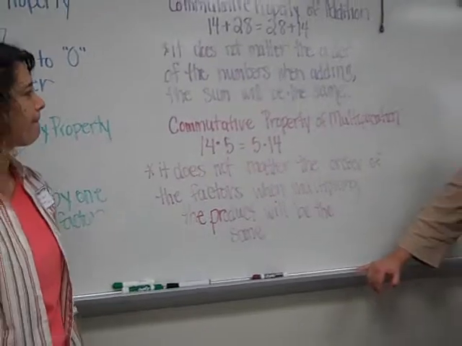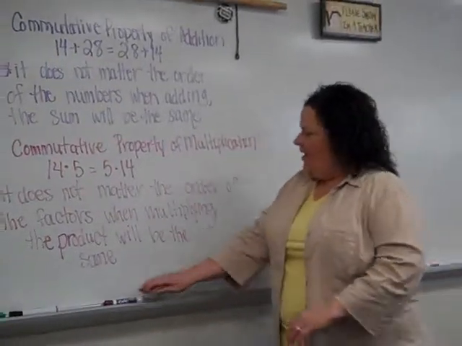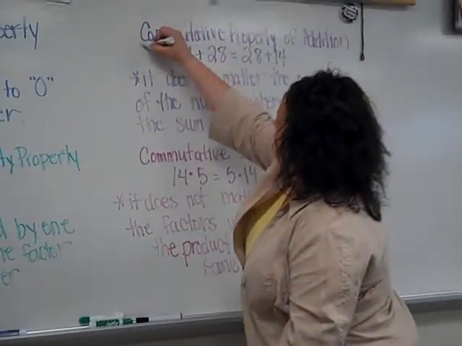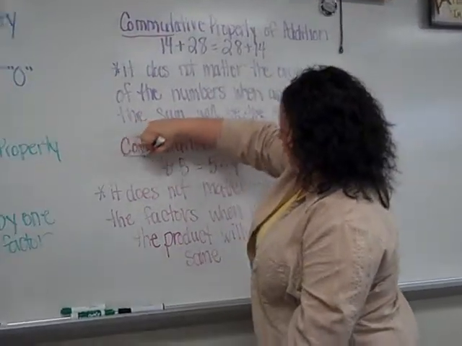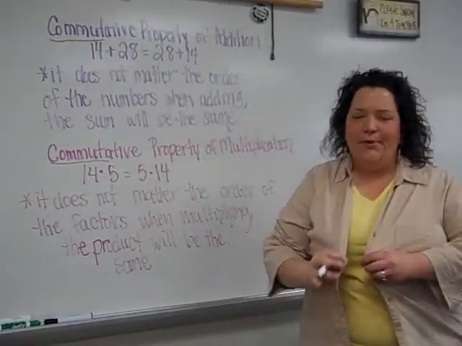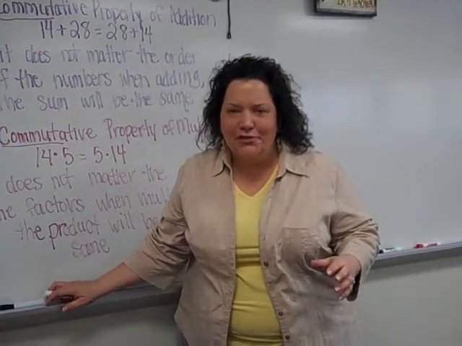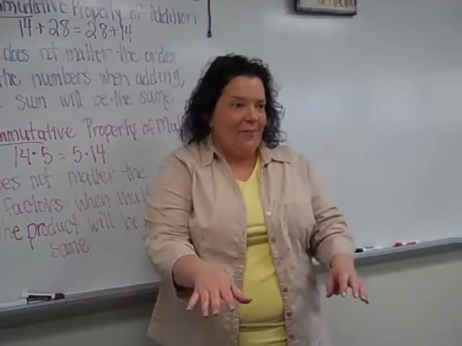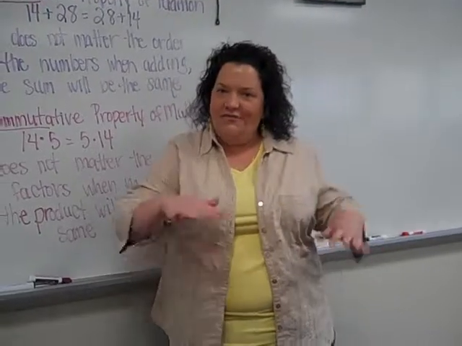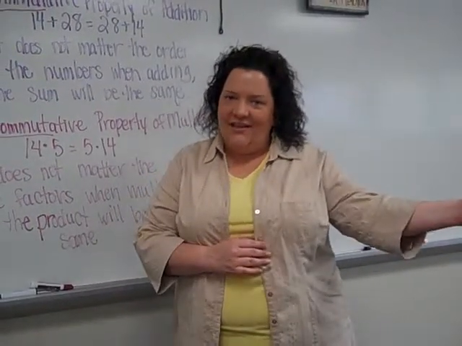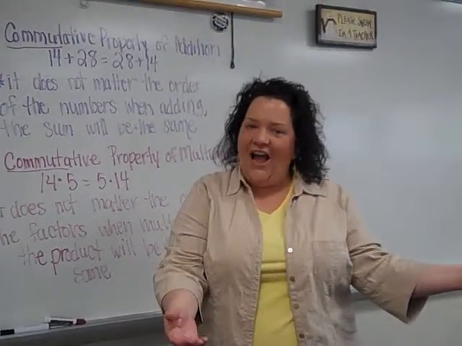When I think of commutative property, I think of the word commute. And commute means to move. You know, a lot of your parents might commute from Micro to Raleigh each day for their job.